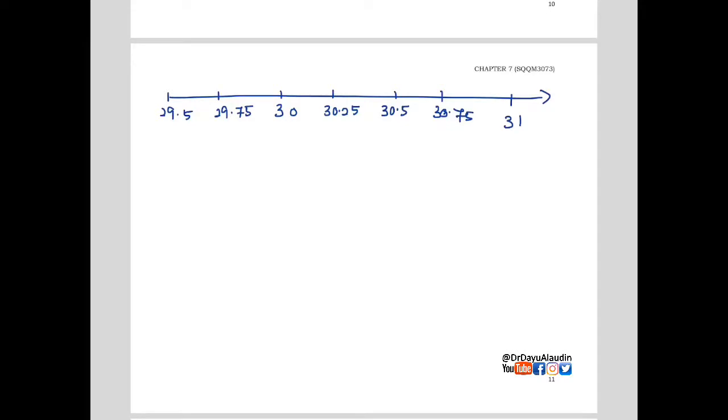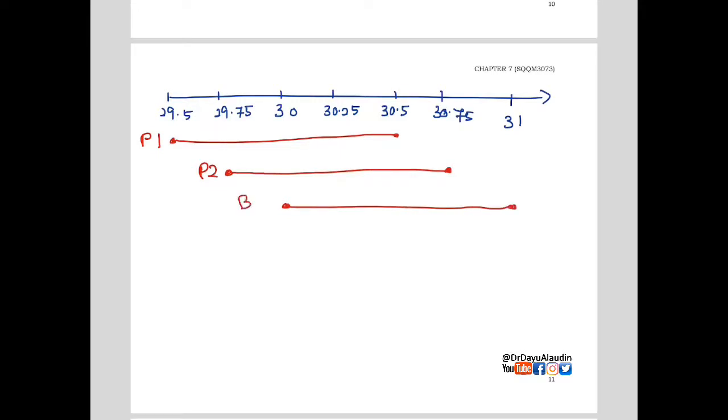So now we draw the timeline. So person 4 from 29.5 until 30.5, the yi and zi. Person 2, person 3 from 30 to 31.